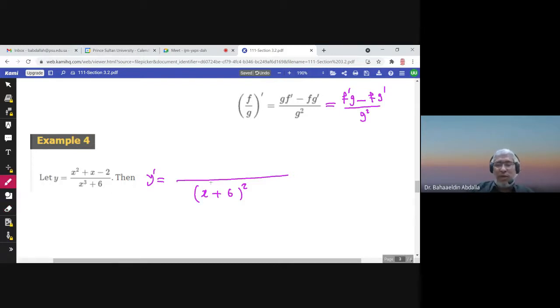What is the derivative of the numerator? 2x plus 1 times the denominator as it is minus the derivative of the denominator, which is 3x squared, and the derivative of 6 is 0, times the numerator.